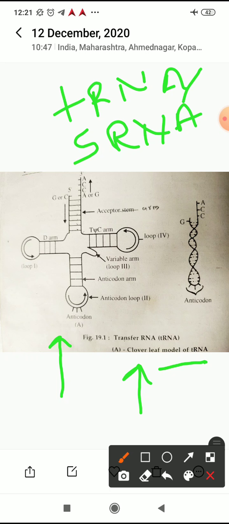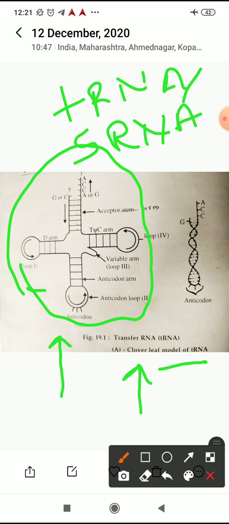See, out of three, tRNA is smallest one and it has about 73 to 94 nucleotides. In all, 73 to 94 nucleotides are there in this single strand.